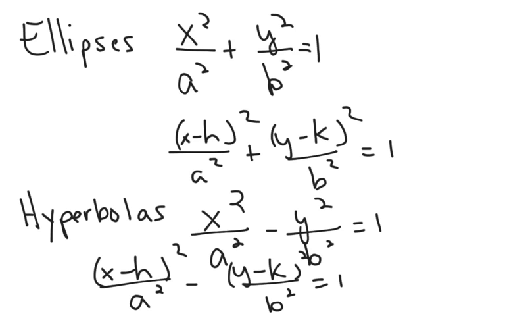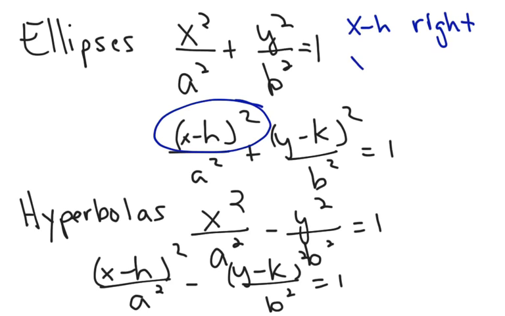Now what happens is the quantity inside the parentheses with the h will move the graph to the right. So anything that says x minus h moves the graph to the right h units. If instead it says x plus h, because h is negative, that'll shift the graph to the left.